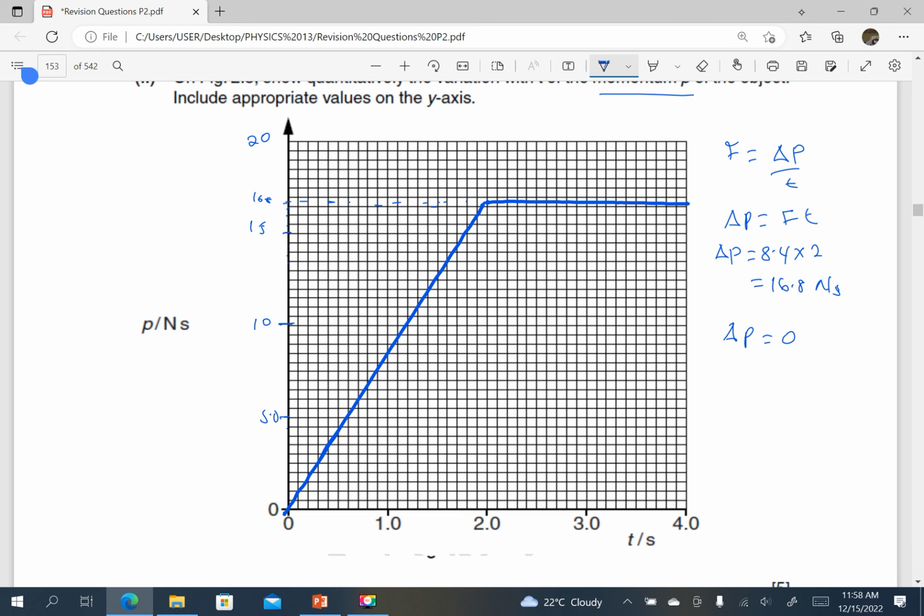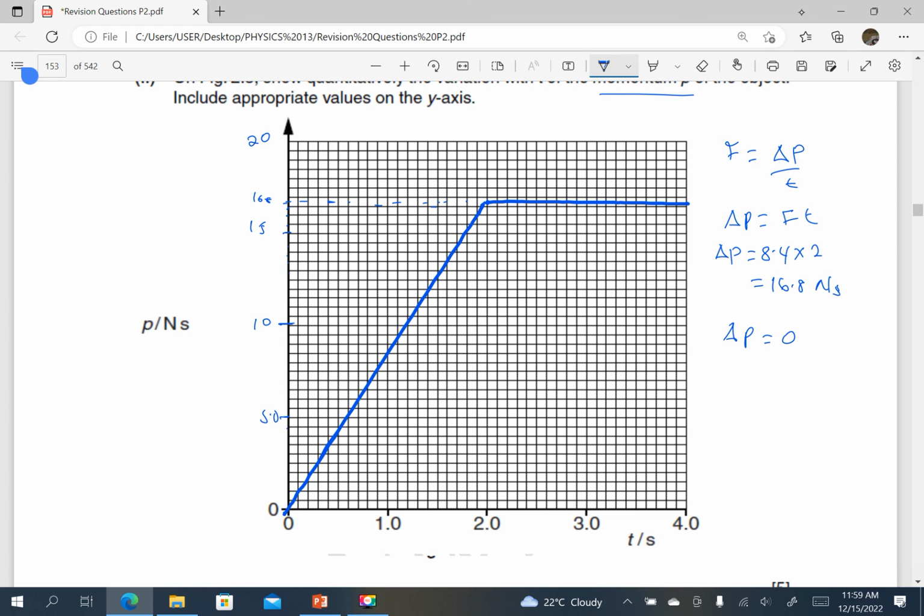So when acceleration is constant, we know the velocity increases uniformly, so momentum is increasing uniformly. When the momentum is constant, it means the rate of change is zero, the force is zero. So when force is zero, the momentum is constant. When force is constant and not zero, the momentum increases by equal amounts in equal time intervals.